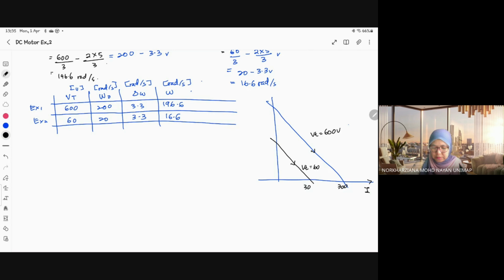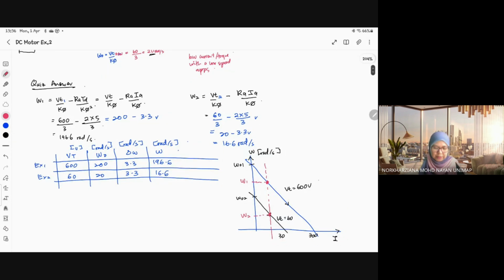This one is current. This one is your motor speed, radian per second. Motor speed 1. No load speed 1, no load speed 2. And it has one load here. So this is actually motor speed. Speed 2.